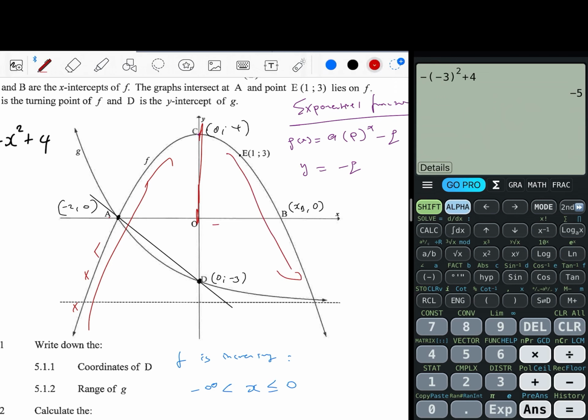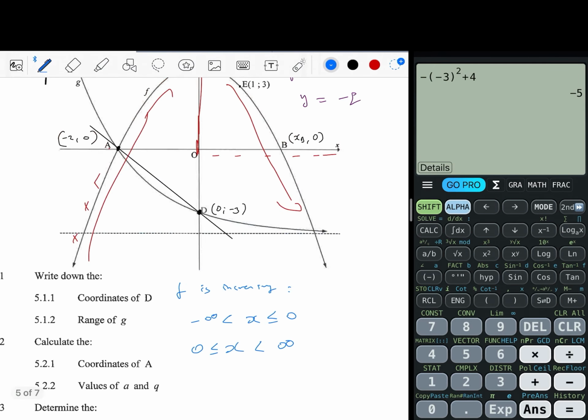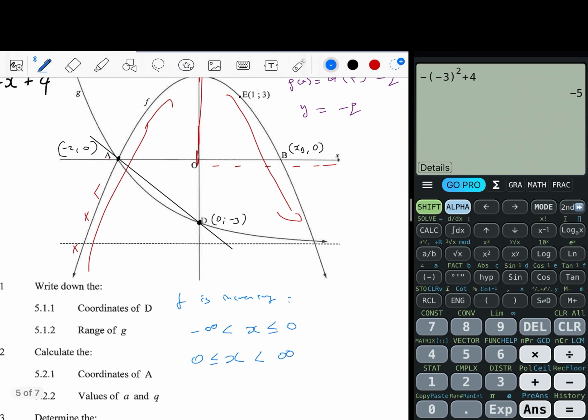So F is decreasing when x is greater than 0 and less than infinity.